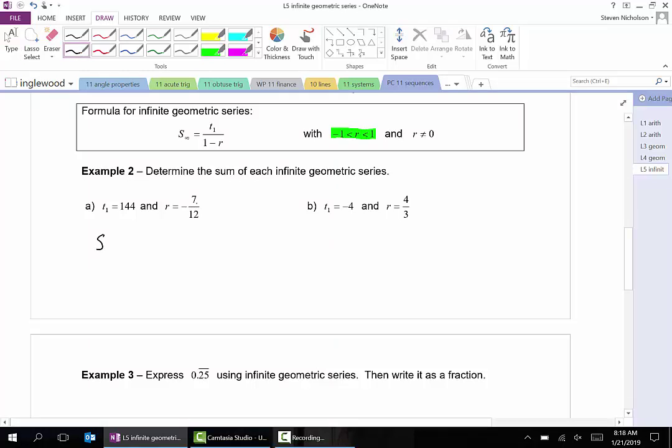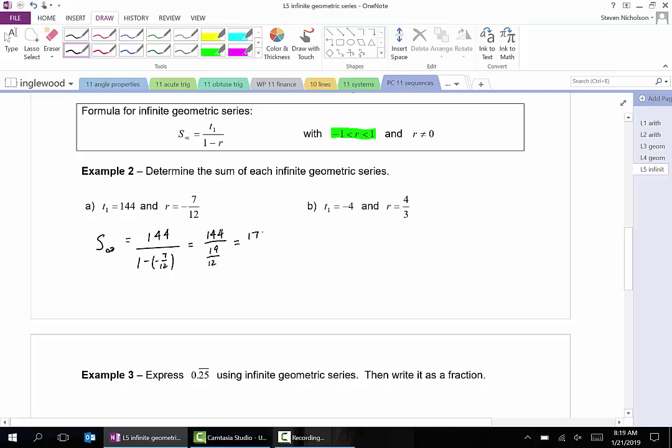So again, R is -7/12, which is in that area. It is greater than -1 and less than +1, so that's good. So we end up with T1 over 1 minus -7/12, which is equal to 144 over 1 plus 7/12, which turns out to be 19/12.